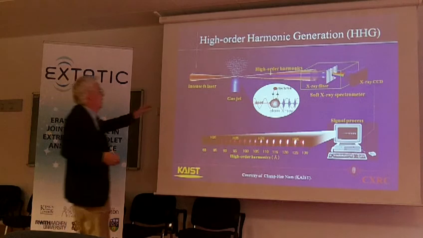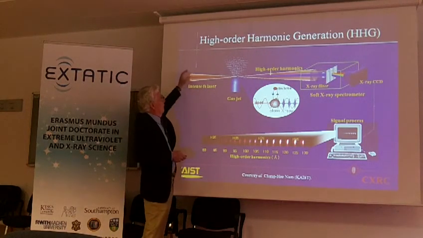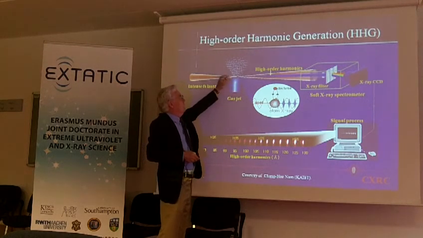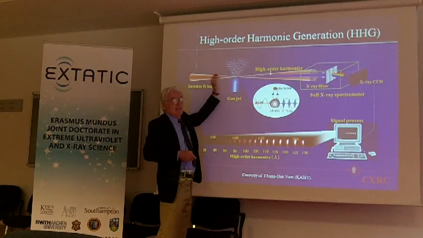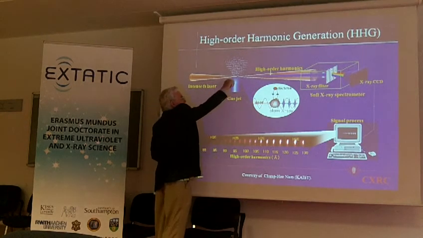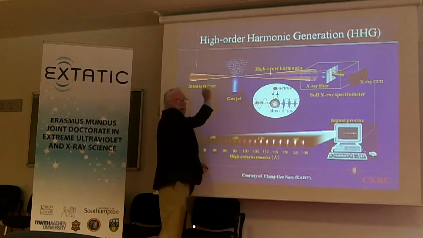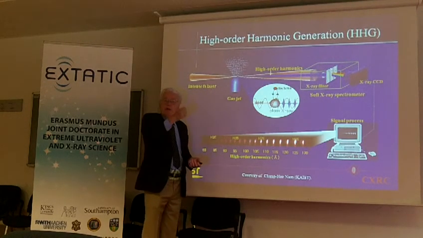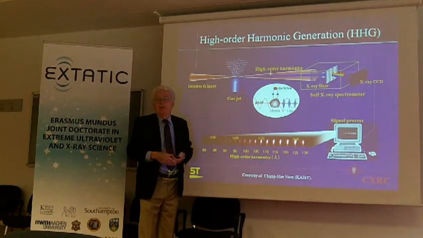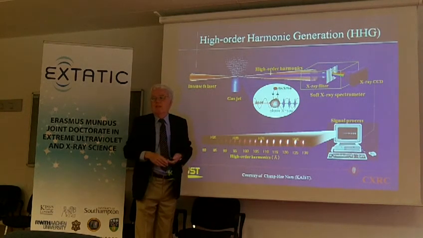High harmonics is where you take an intense femtosecond duration laser, shine it on a bunch of atoms, ionize them, and what happens is the intensity of the incoming wave is so strong that the electric field will take one of the bound electrons, rip it off the atom. You can speak quantum mechanically of it tunneling through the barrier.